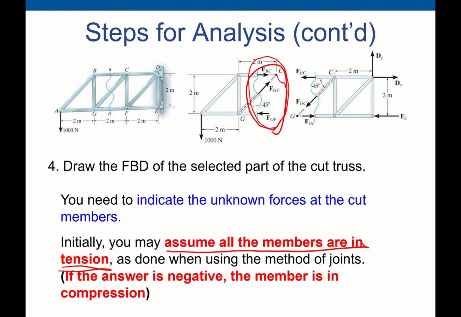When you're beginning the calculations, you can decide the direction. But after your calculation, if you get a negative value, then your assumption was wrong. So you can just switch the direction to the opposite. It's not tension, it should be compression. So the direction is not that important. You can change it later based on your investigation.